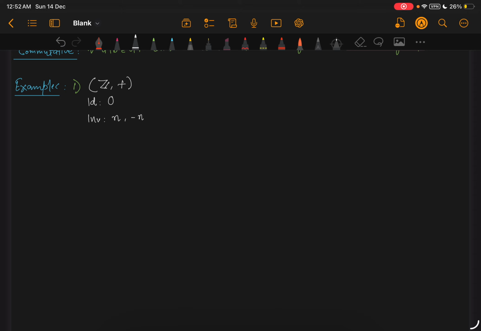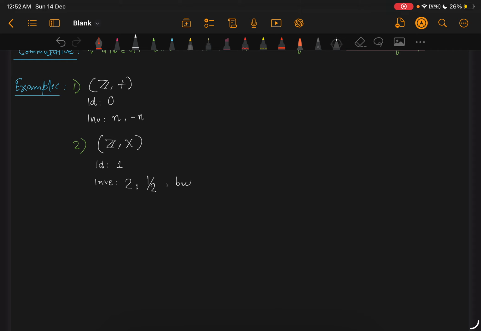So now let's see this one: Z with respect to multiplication. What should be the identity? I think it should be 1, if I'm right. Yeah. What should be the inverse? Oops. For 2, we need 1 by 2.